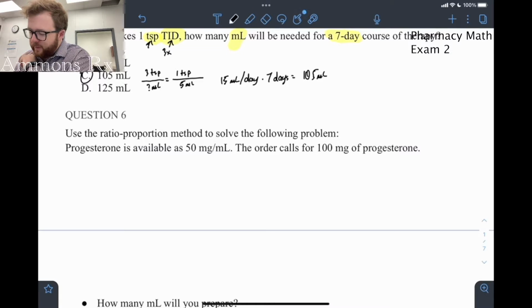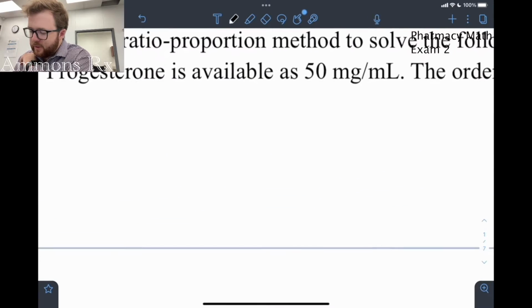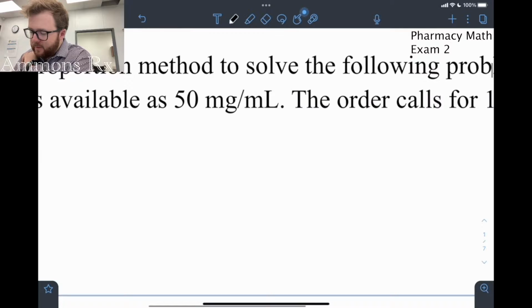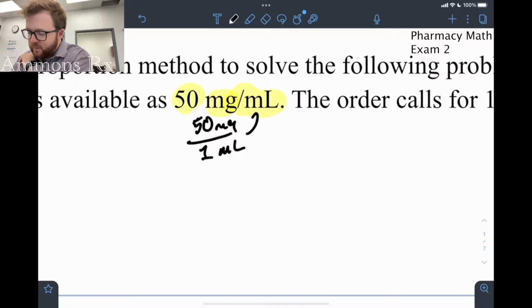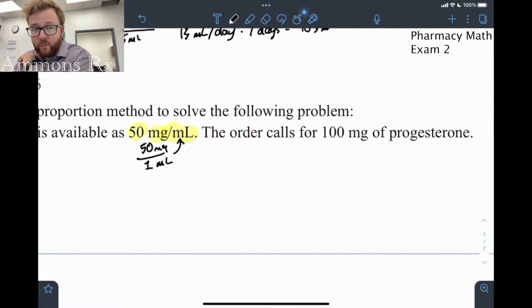Progesterone is available as 50 milligrams per mil. The order calls for 100 milligrams. How many mils will you prepare? Whenever you see 50 milligram slash mil, you should be reading to yourself that there are 50 milligrams in 1 mil.